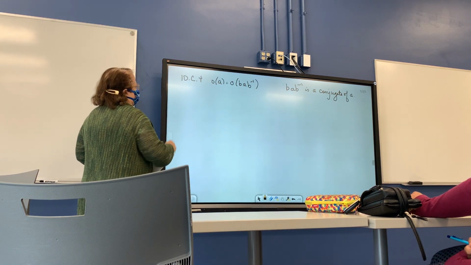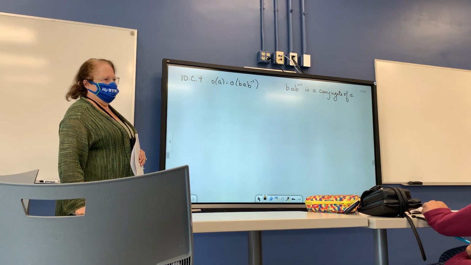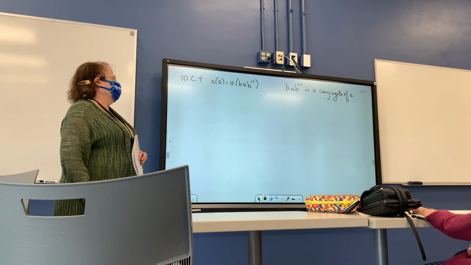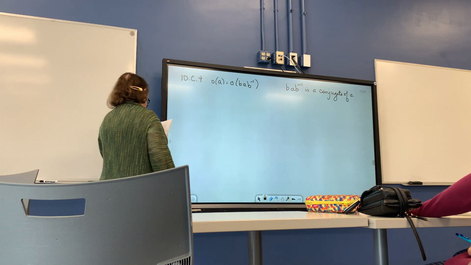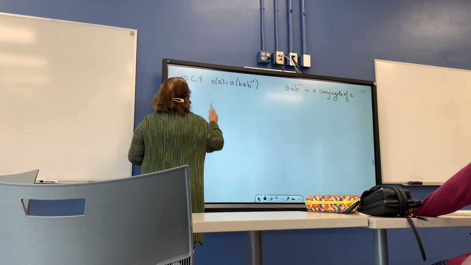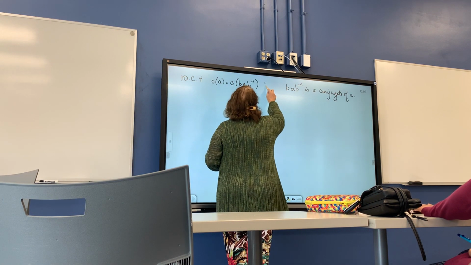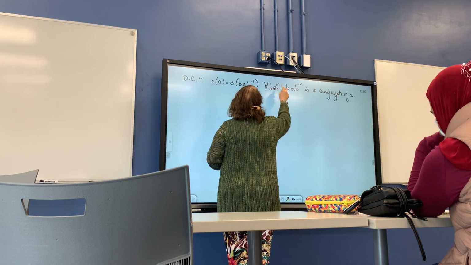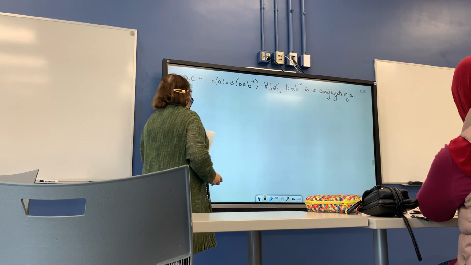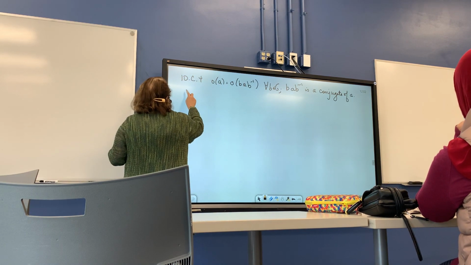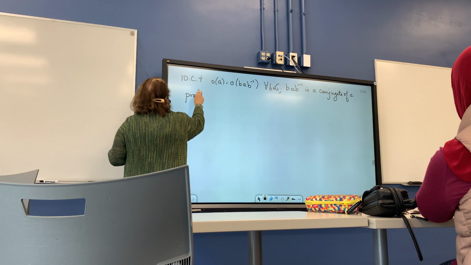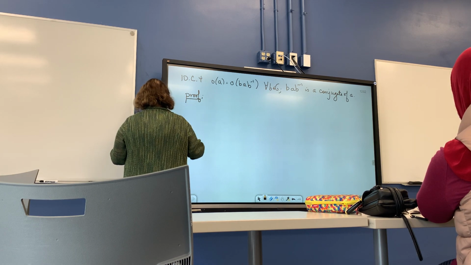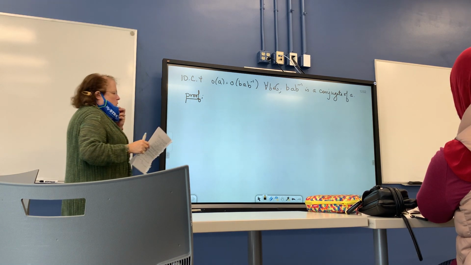We want to show that if you conjugate, you don't change the order. Okay, so A is in G, G is a group, B is in G, and this is true for every B in G. Okay, so proof. So this is your classic order proof.